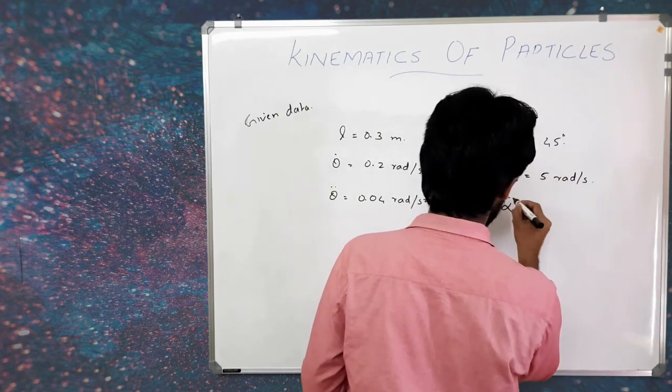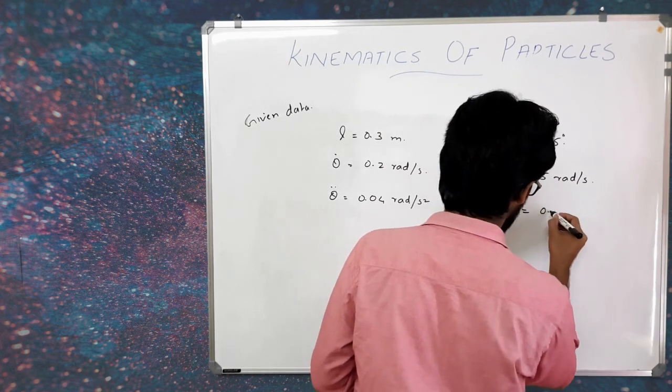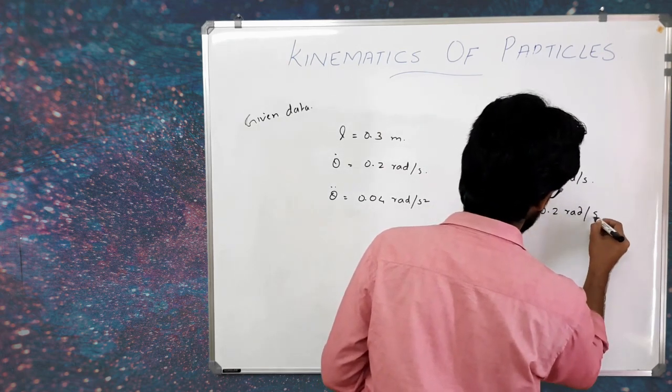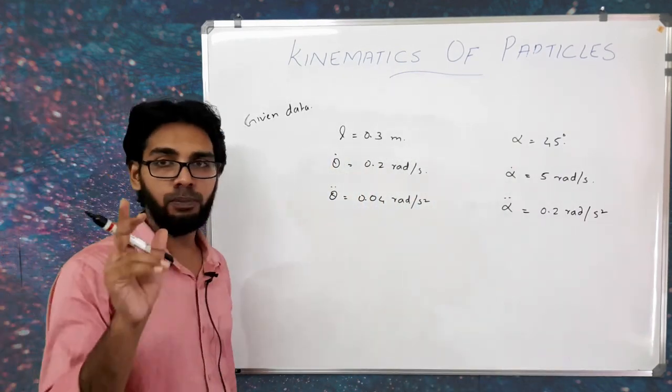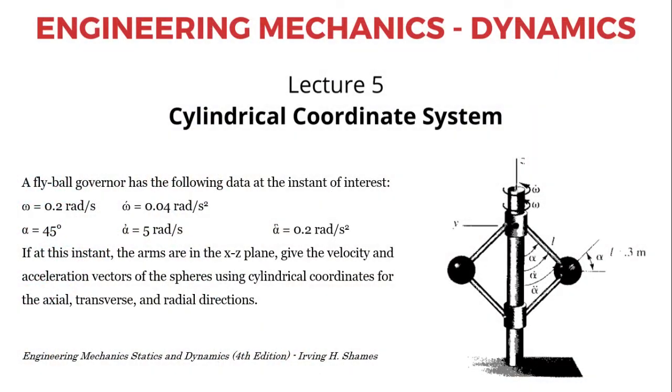Alpha double dot is given to you as 0.2 radians per second square. Now make an important point here. Theta represents the corresponding angular rotation of the axis, while alpha represents the corresponding inclination of the rod with respect to the vertical axis, as shown in this figure.